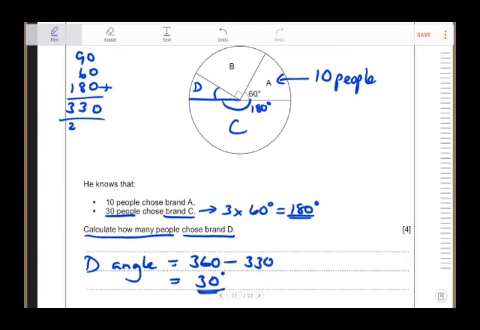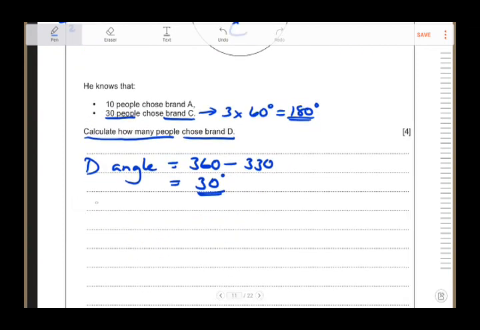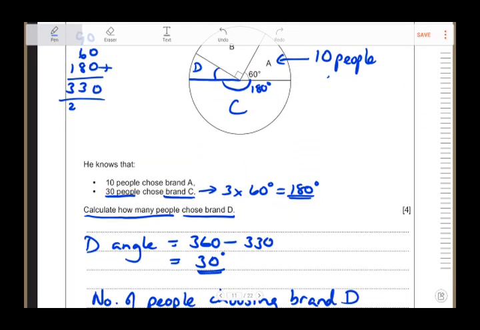Now, that is half the size of the angle for A, and I know that 10 people represent 60 degrees, so the number of people choosing brand D is half of 10, which is 5 people, because the angle 30 degrees is half of 60, and we know that 60 degrees was 10 people.